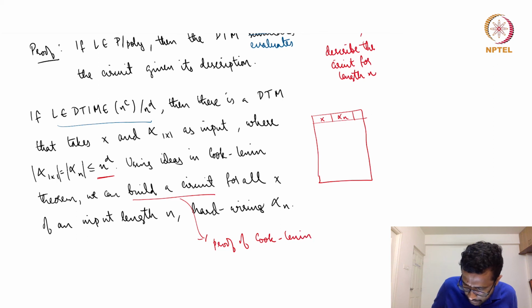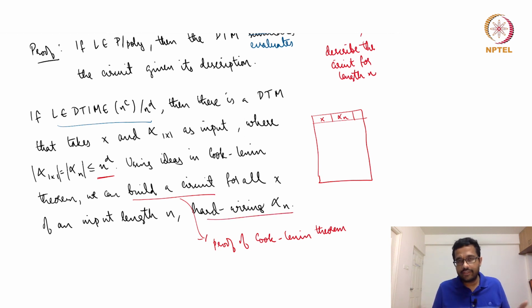So we are really milking the proof of the Cook-Levin theorem again and again, by noticing that the computation is local, so you could replace it with a constant size circuit, and overall it's a polynomial size circuit. So you build a circuit and hard code alpha_n into it, and that's it.